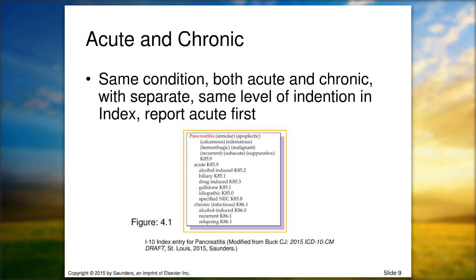Acute and chronic conditions, page 85 in your step-by-step book. Same condition, both acute and chronic, with a separate, same level of indentation in the index. Always report the acute first and then the chronic. But there will be some combination codes that are acute and chronic.